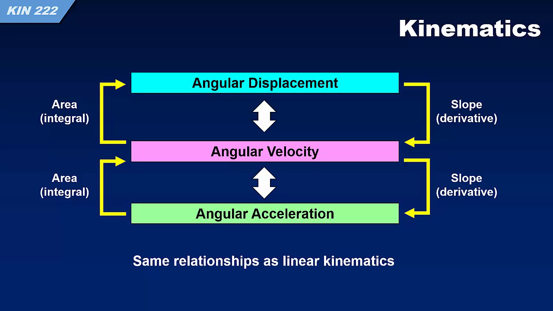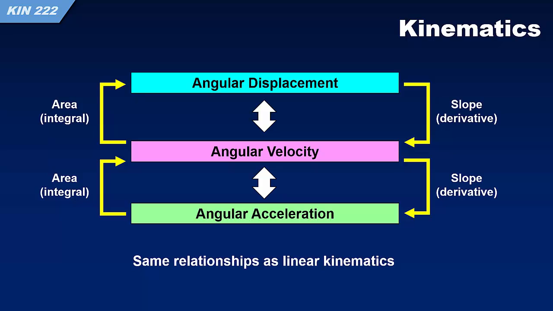And so the angular velocity is simply the rate of change of angular displacement, and the angular acceleration is simply the rate of change of angular velocity. So those relationships are exactly the same. So if you have an angular displacement graph and you want to find angular velocity, you're looking for the slope of that graph.